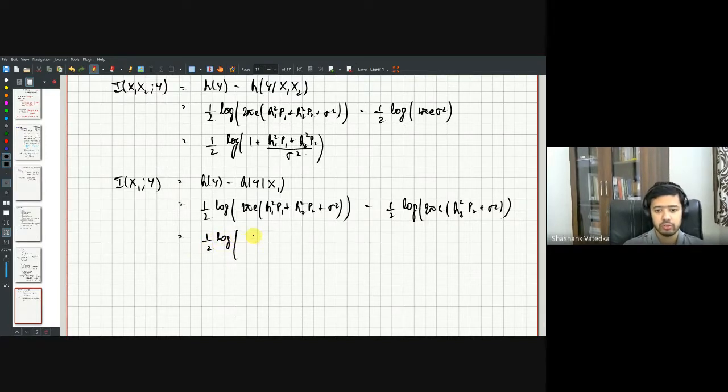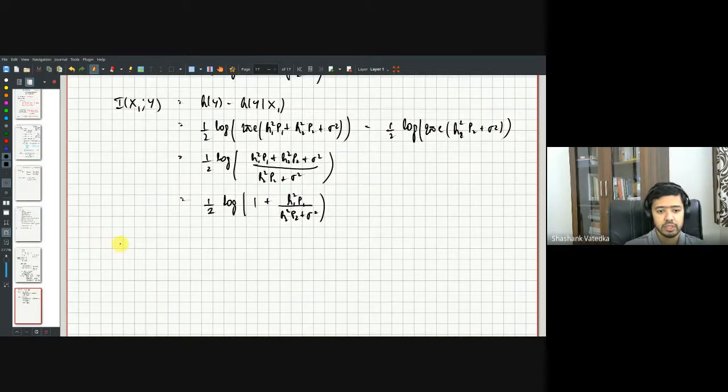The ratio is half log of h1 square p1 plus h2 square p2 plus sigma square divided by h2 square p2 plus sigma square, which is nothing but half log 1 plus h1 square p1 divided by h2 square p2 plus sigma square.